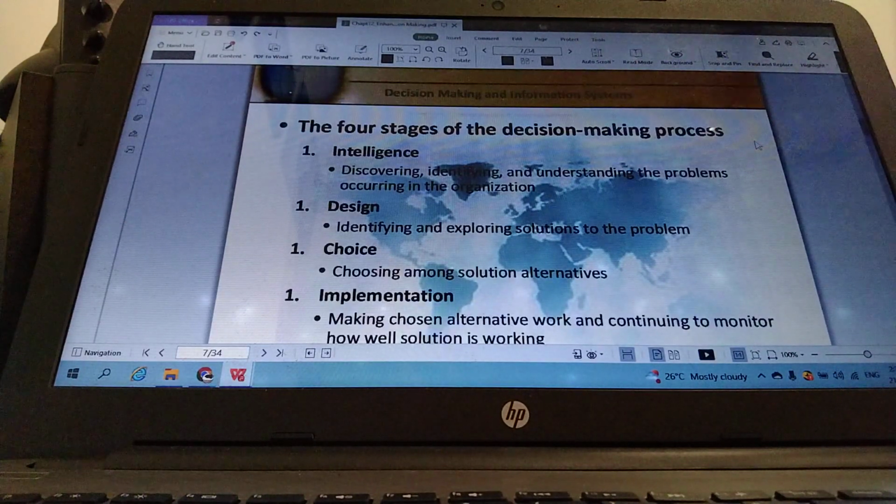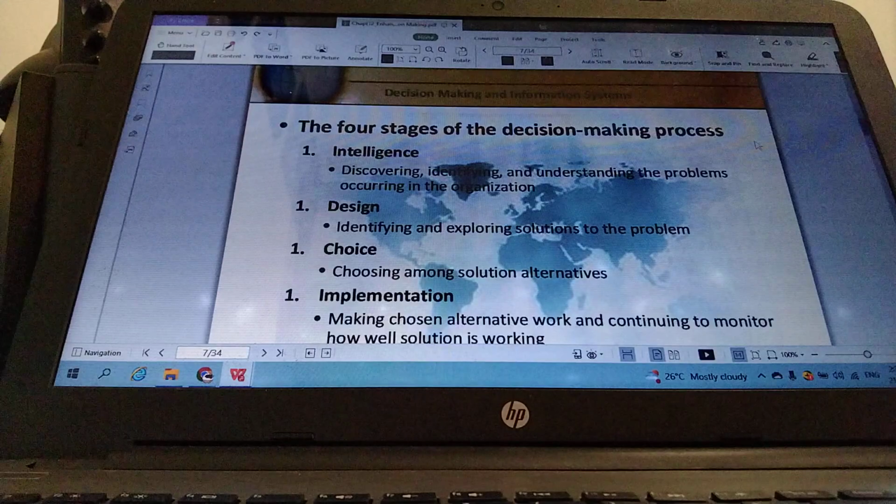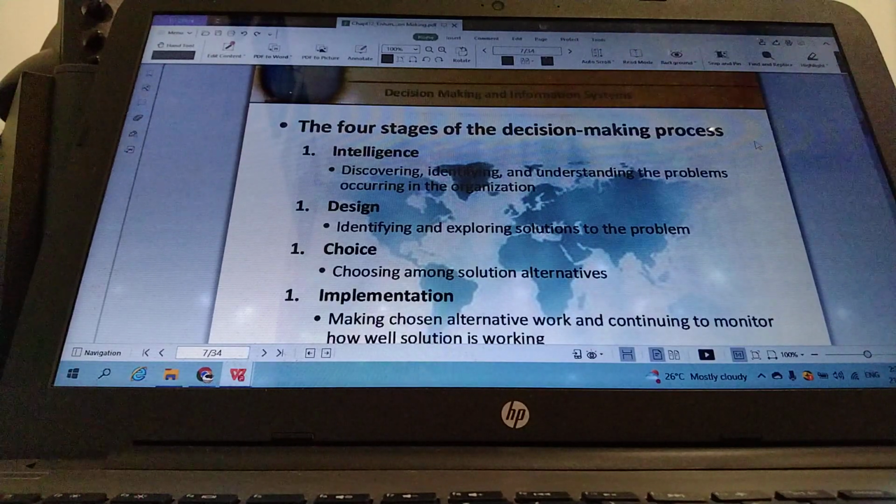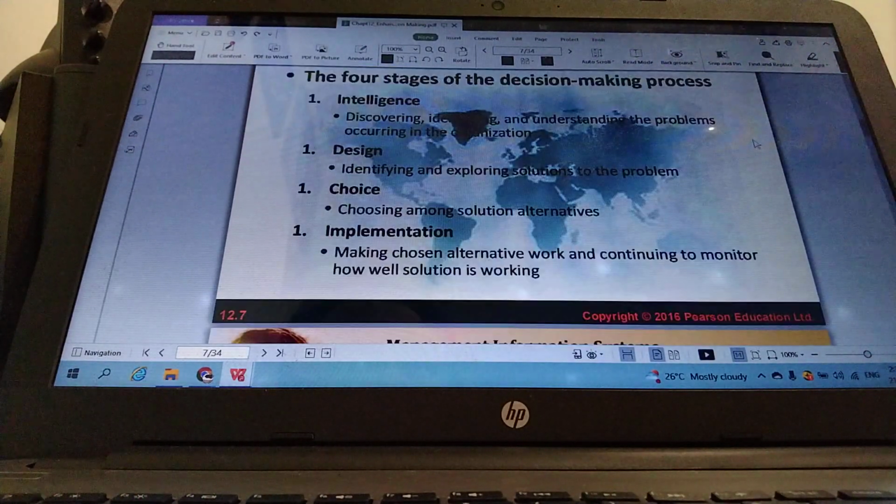And the last stage will be where you implement that particular chosen alternative or option as a solution in your decision making process. So I think it is very clear now. We know what are the different types of decision, who are the people involved, and next, what are the 4 stages involved in decision making, which are intelligence, design, choice, and implementation.